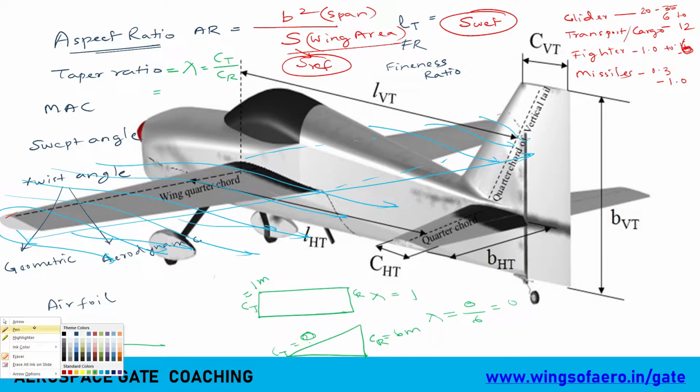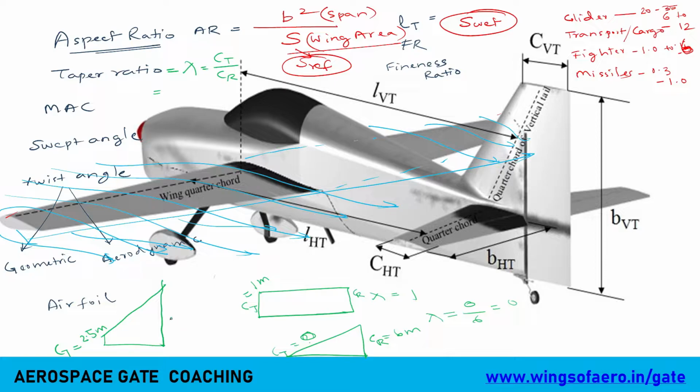But in case you have a cropped delta wing, they have given Ct as 2.5 meters and Cr as 8 meters. Then can you find out the taper ratio?